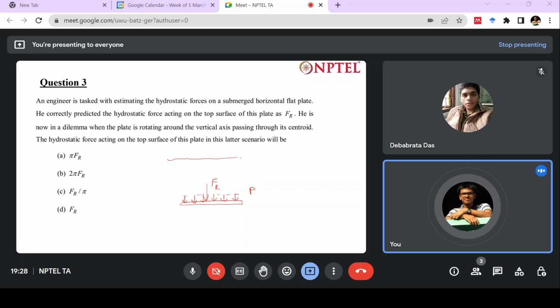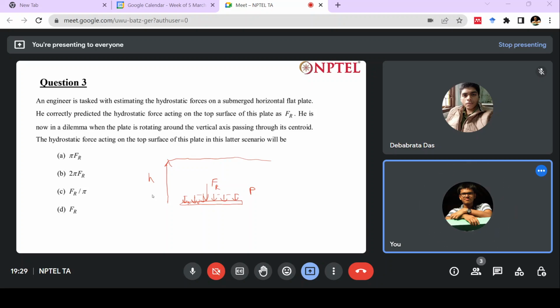Let's say it is at a height h, so all the points on this plate are at the same height below the free surface. The pressure at every point should be equal, so there is a uniform distribution of pressure across this plate.